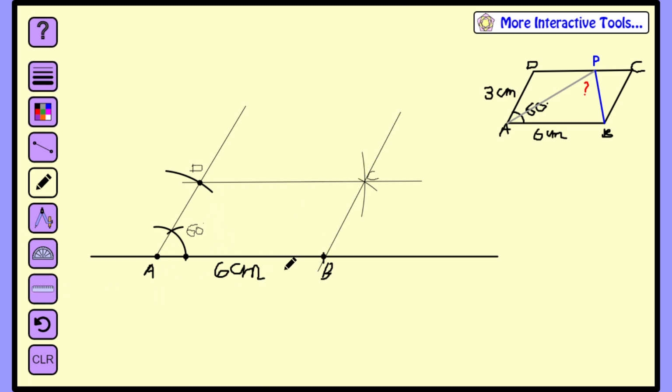This gives you parallelogram ABCD. Don't forget to label all the sides.